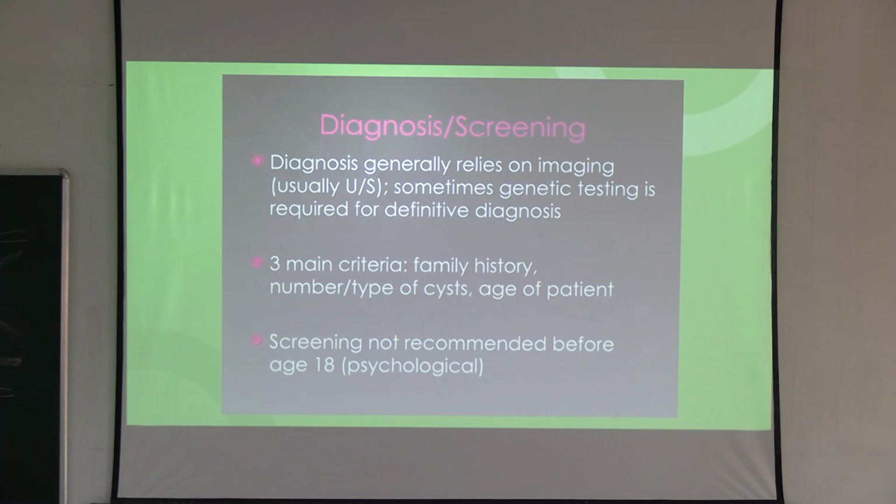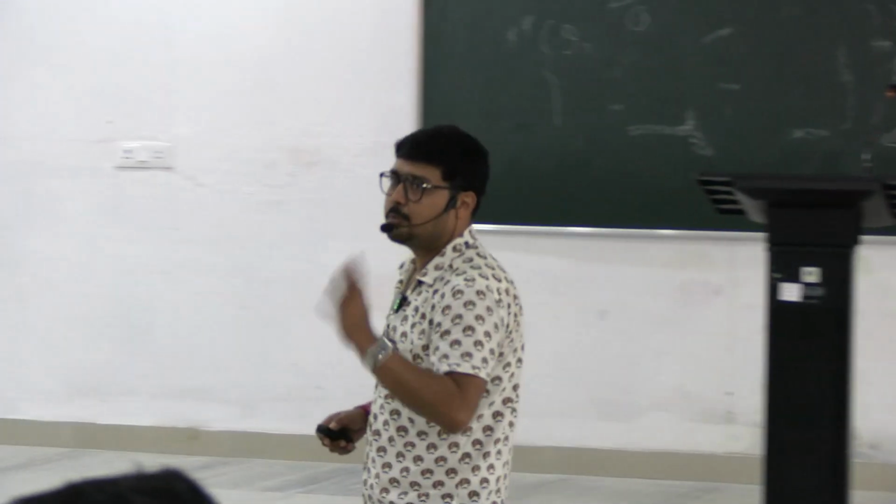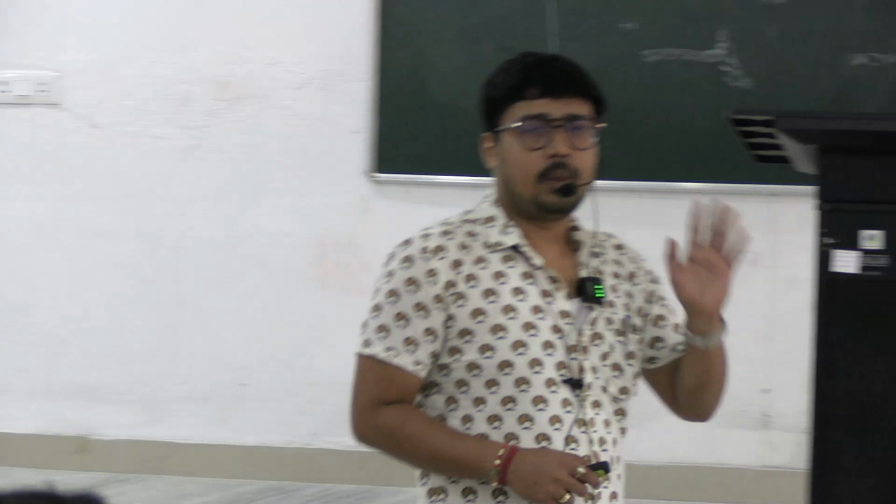Screening is not recommended before age 18 because of psychological burden. If the patient is not symptomatic, there is no need to screen the patient in spite of a definite autosomal dominant polycystic kidney disease in the parents.